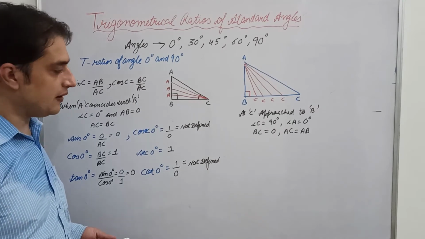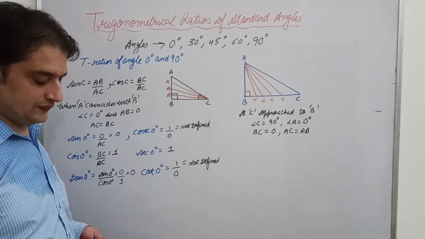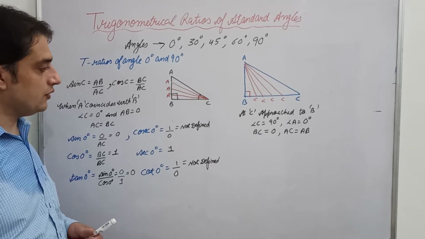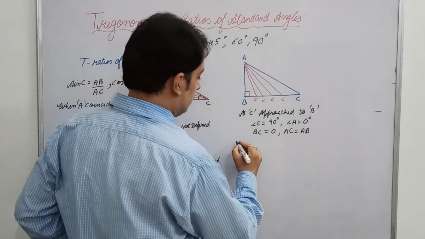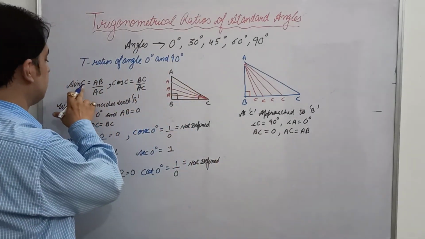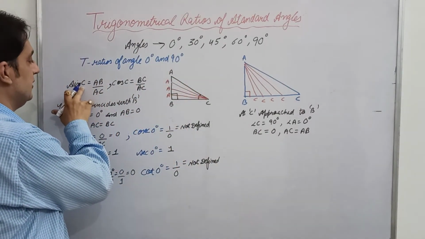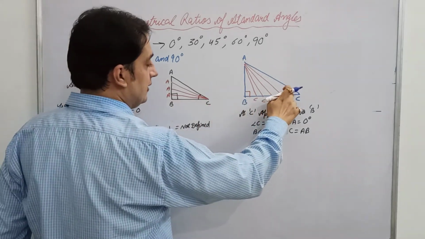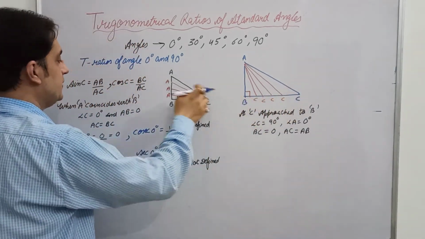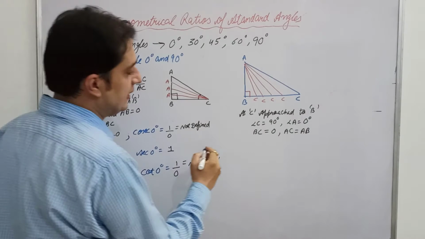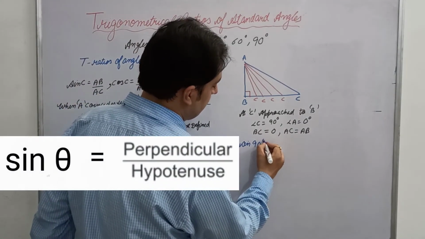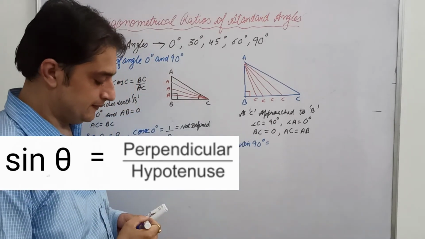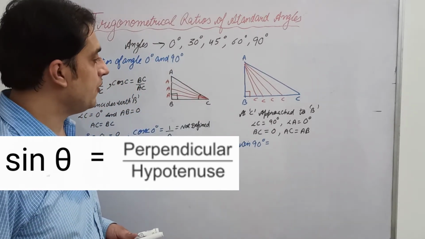Now you can find the value of sine 90 degree easily. So first find the value of sine 90 degree. What's the value of sine 90 degree? That is sine C. Here you can take the angle C. Firstly C is the angle, but as it approaches B, this C will become 90 degrees. So sine 90 degrees is perpendicular by hypotenuse.